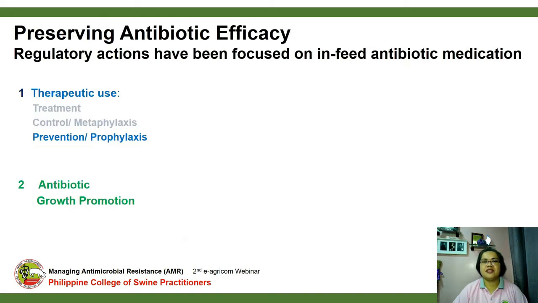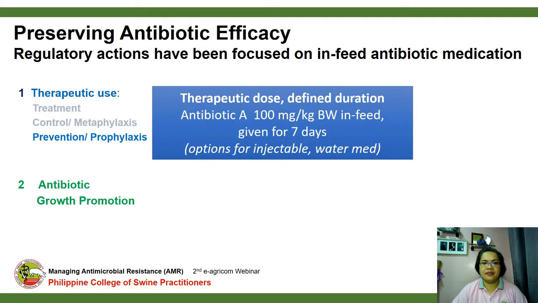To clarify this confusion, we go back to our objective, which is to maintain antibiotic efficacy. We have seen that most regulatory actions currently are focused on in-feed antibiotic medication and arising from the confusion between the use as prevention dose or as antibiotic growth promotant, or AGP. The contention is that prevention use is the same as AGP use.